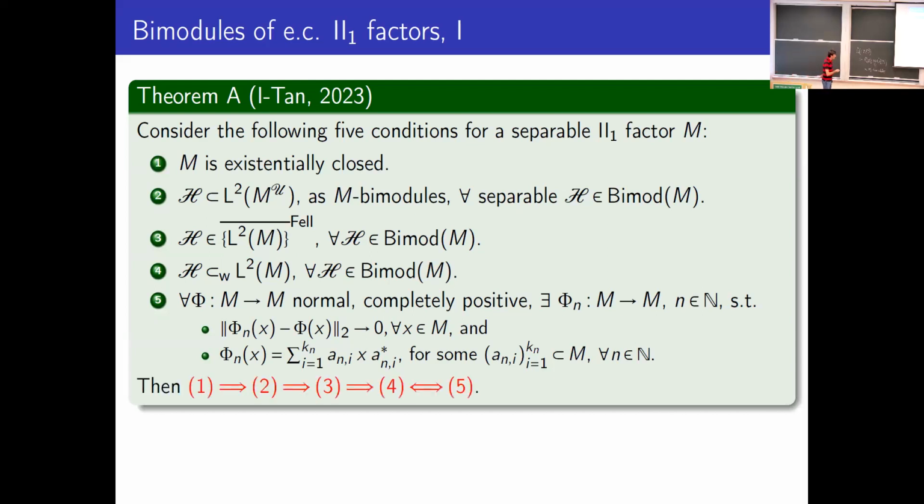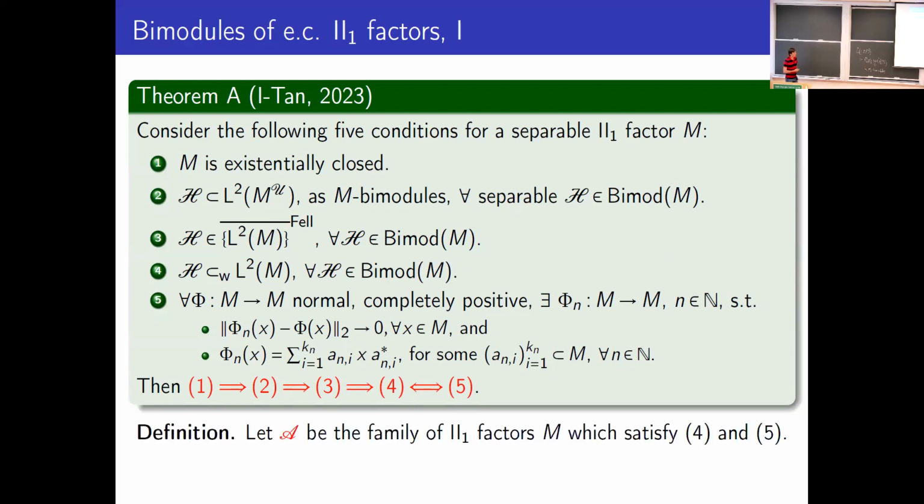All right, so the theorem says that 1 implies 2, which implies 3, which implies 4, and 4 is equivalent to 5. So in particular, if 1 holds, so if M is existentially closed, then conditions 4 and 5 hold. So any bimodule of any existentially closed II_1 factor is weakly contained in the trivial bimodule. Let me give you a quick definition to emphasize this.